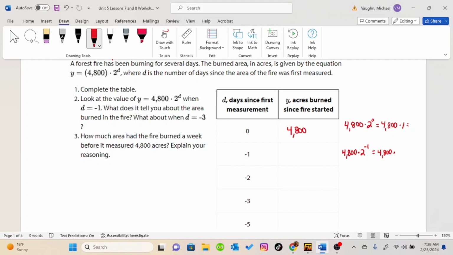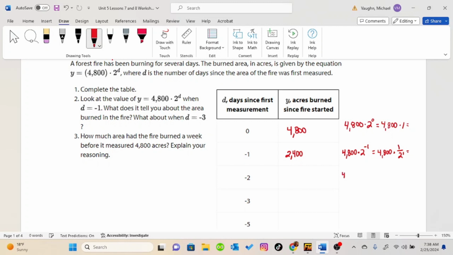So that becomes 4,800 times 1/2, or 1 over 2 to the power of 1. And 4,800 times 1/2 is 2,400.